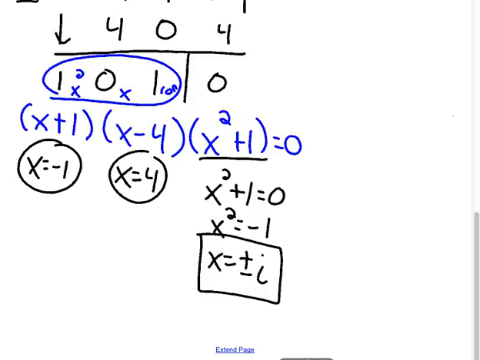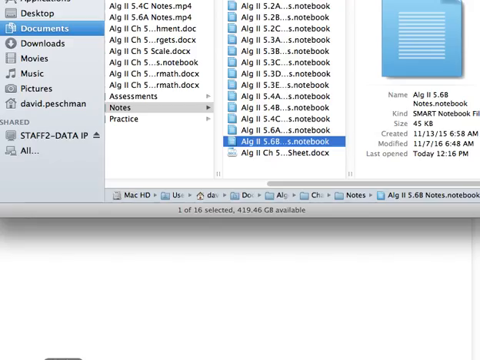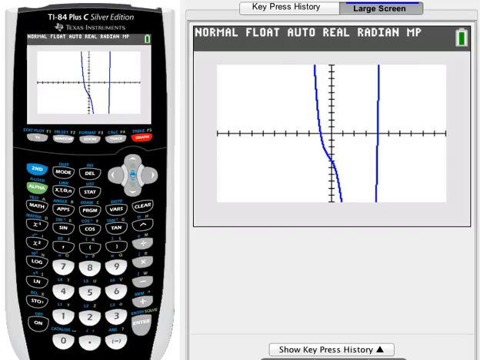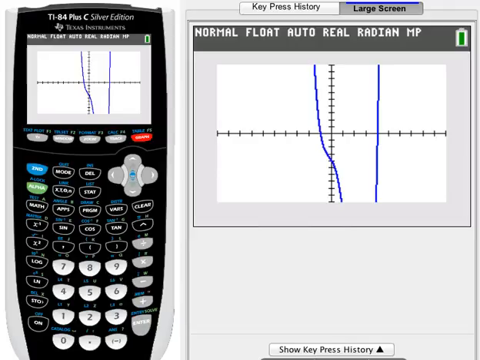All right, so I have 2 more examples for us to make sure you're feeling confident in this before I set you free. So for this next one, when you flip the page, again, we need to first off put this in the calculator. I'm going to erase that.